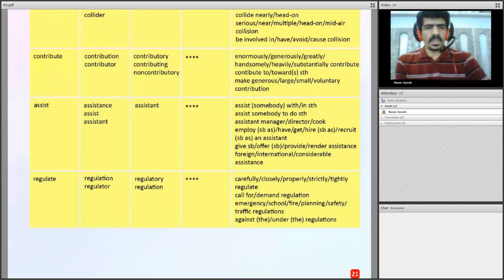Next word in the list is assist. Assist means help. Assistance, help as a noun. Assist and assistant are other nouns. Assist as a noun is an action that helps.